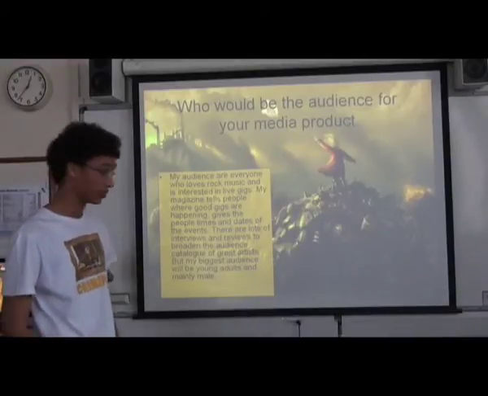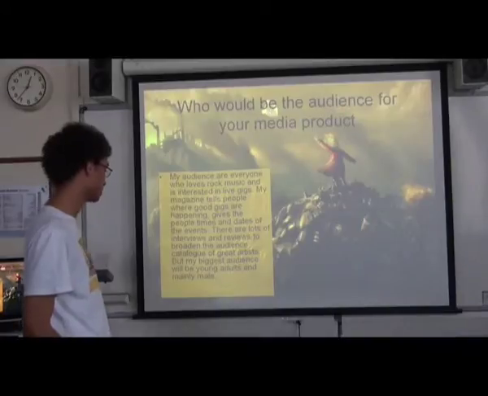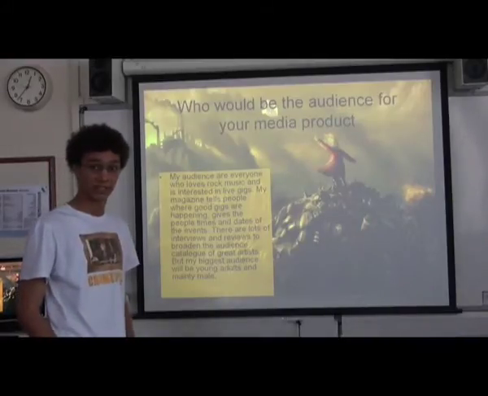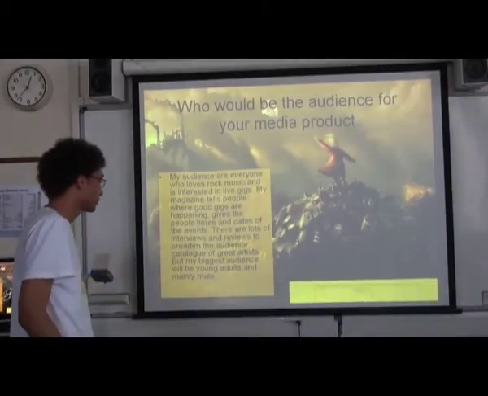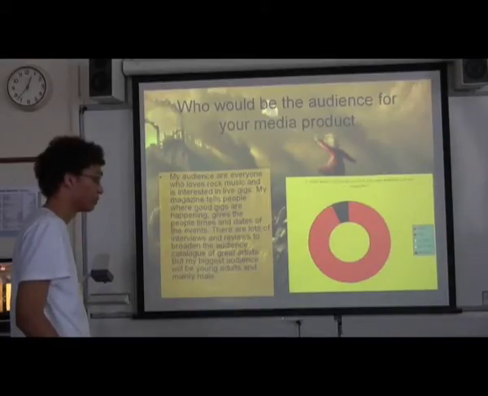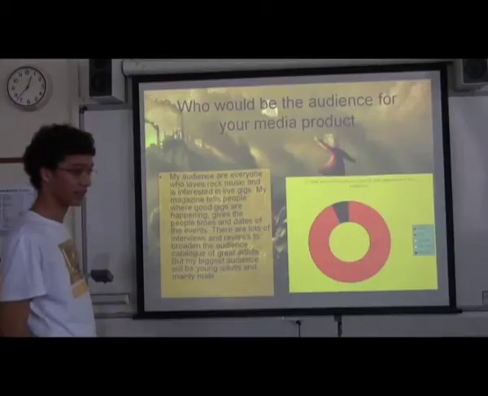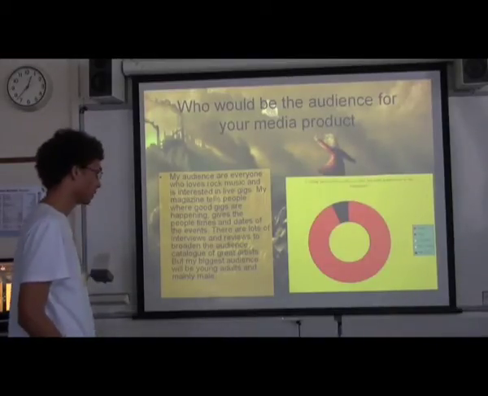But my main audience will probably be young adult males, from teenagers up to their early 20s. This graph shows you what the majority of people thought my magazine was. Most of them clearly thought it was rock, which means that I successfully made the front cover identifiable to that genre.